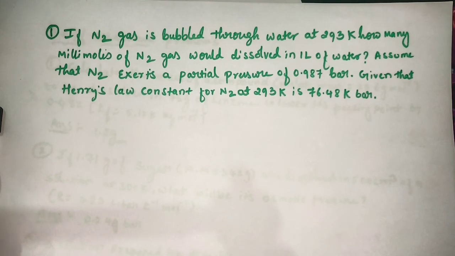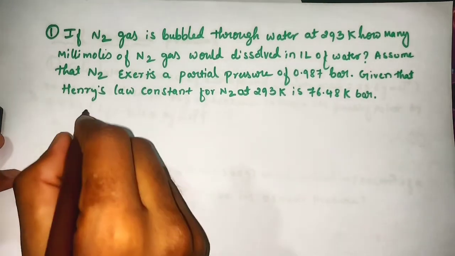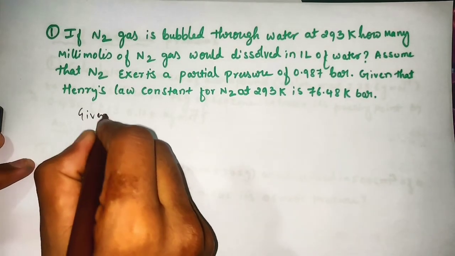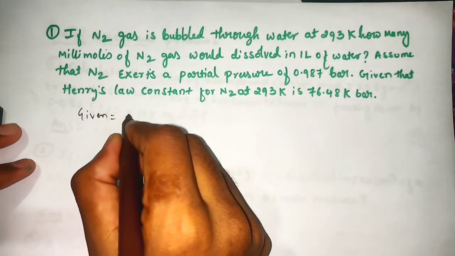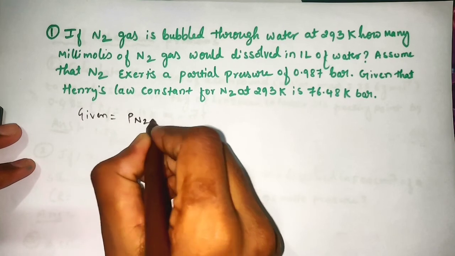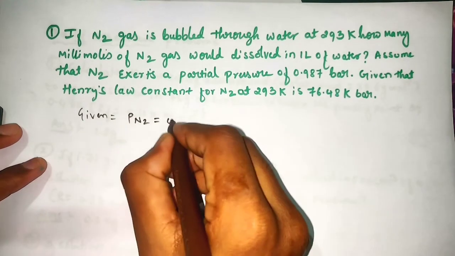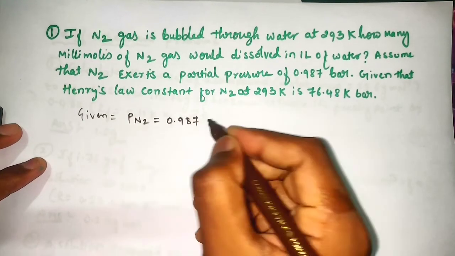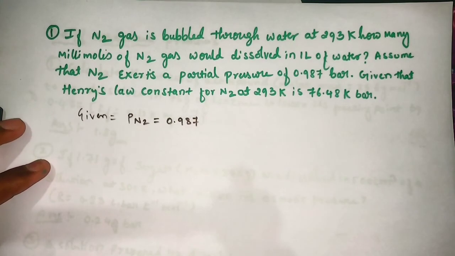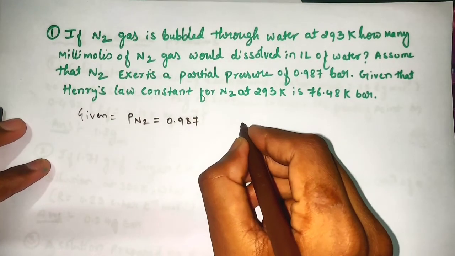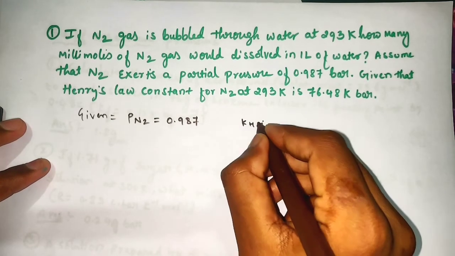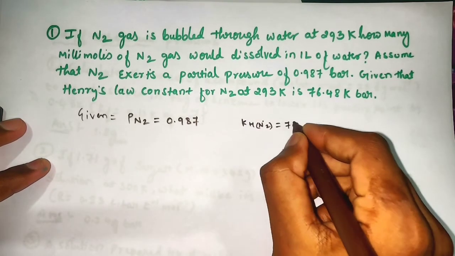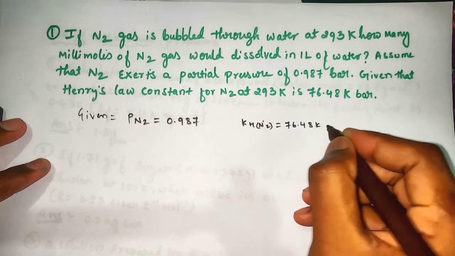So from this problem, given the partial pressure of N2, P N2 is equal to 0.987, and Henry's law constant for N2, KH of N2, is equal to 76.48 kilobar.